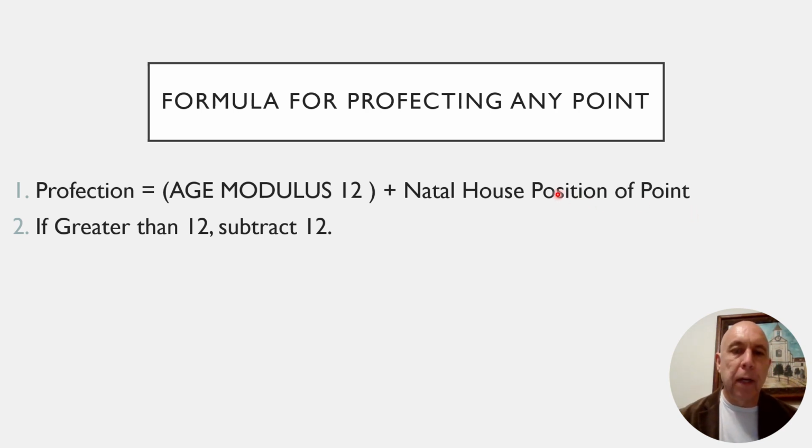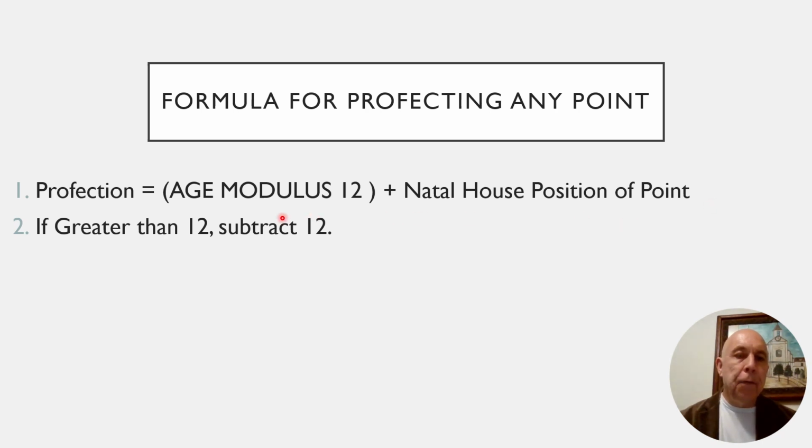So instead of 1 here, we're going to find the house where the point we're interested in is in the natal chart. And let me remind you, we're using the whole sign house system here. All right, that's sort of our first step.